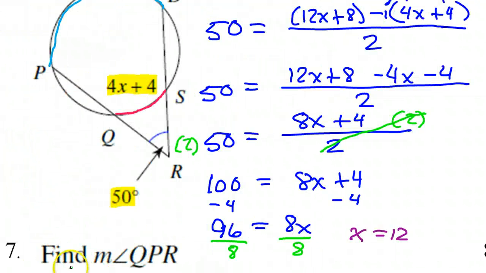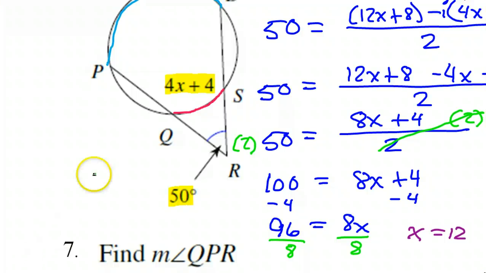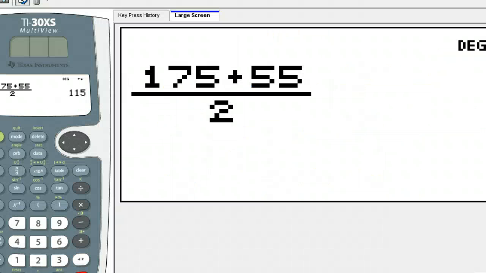Alright, there's no space over there, so I'm going to do it over here then. We need to find QS. And the measure of arc QS, that's 4x plus 4. But now we know x is 12, so that's 4 times 12 plus 4.